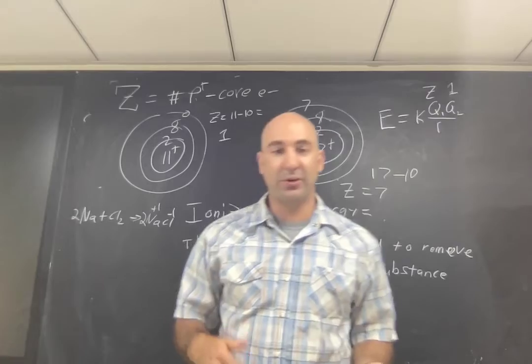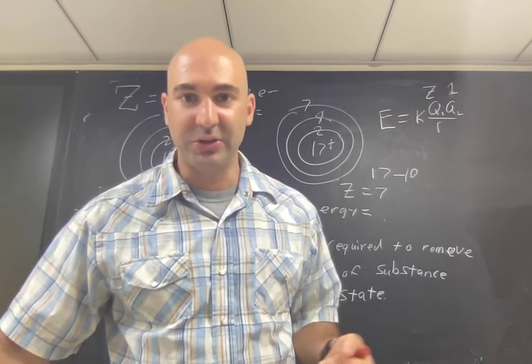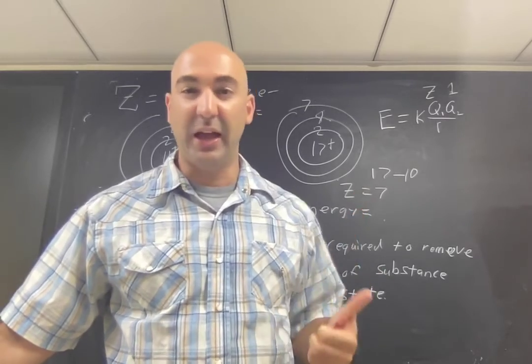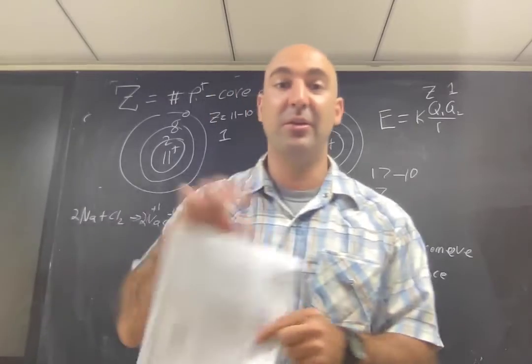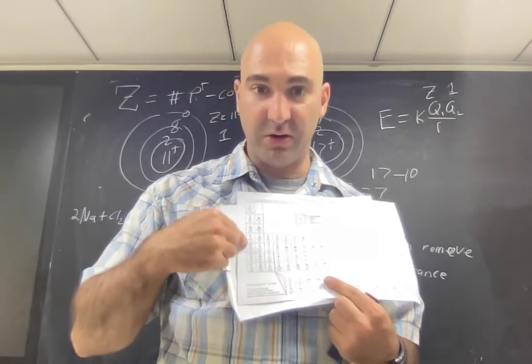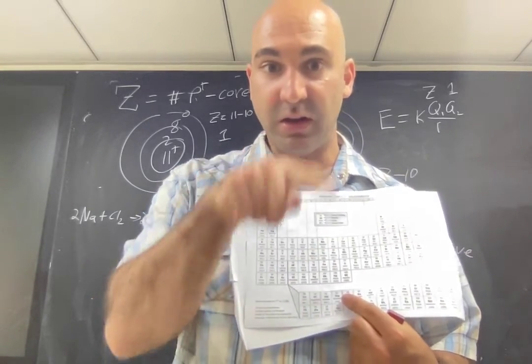Okay, so that's a quick 10-minute discussion of ionization energy. Remember to use Z and use the radius. And the radius really only works in the same group. So when you go down group number 1, you'll notice Z doesn't change. What does change is the number of shells.